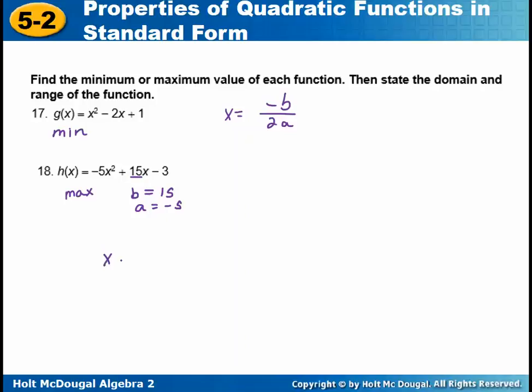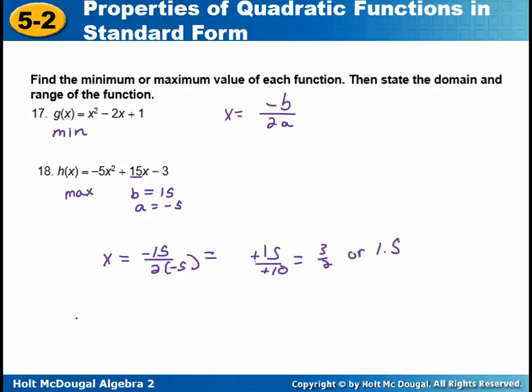So I'm going to find x, which will be negative 15 over 2 times negative 5. So negative 15 over negative 10, which is 15 over 10. And 5 goes into both of those, 3/2, or 1.5. That's the x-coordinate.